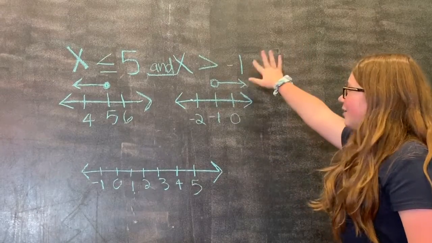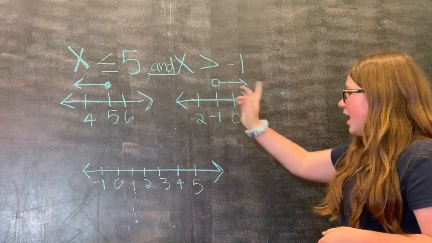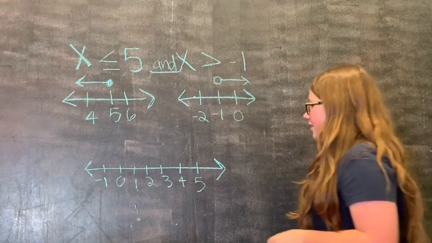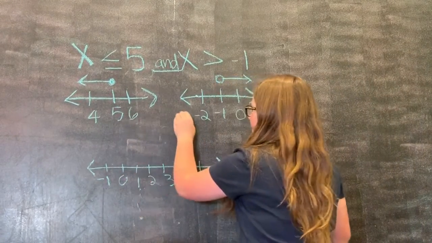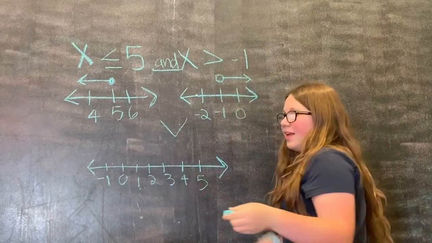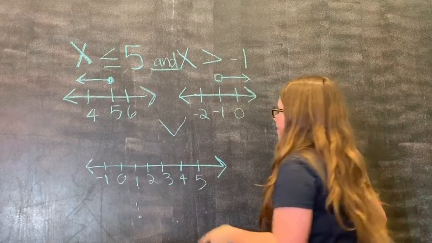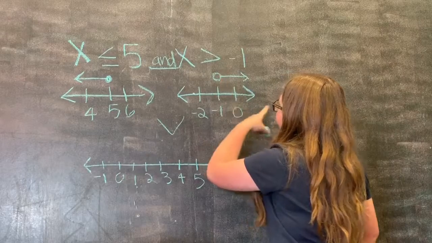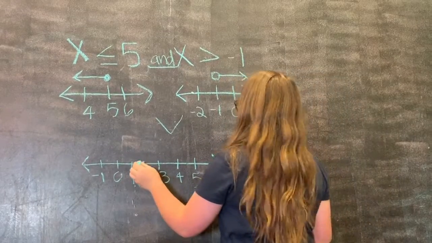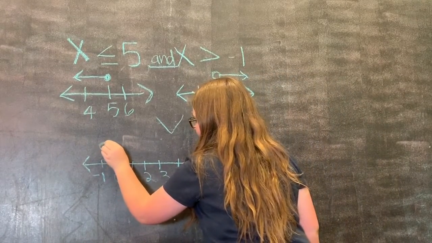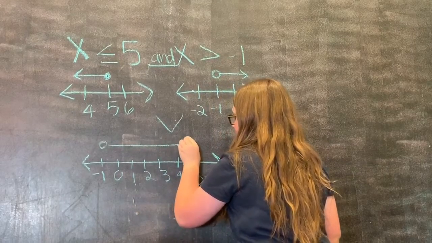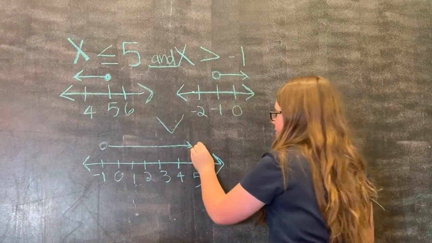So next, I graphed both of these inequalities. And so basically, you're going to look at them now and bring them together into a final number line. So first you have your x, so you graph that again. It's going this way. But then you have this 5 that's going this way.